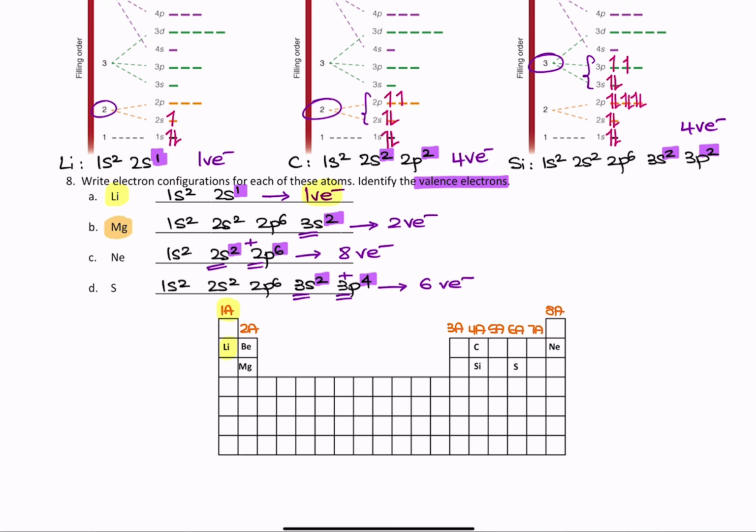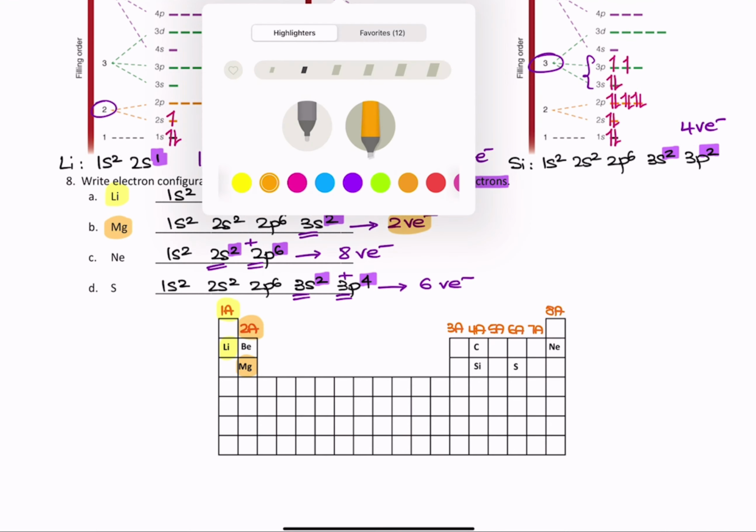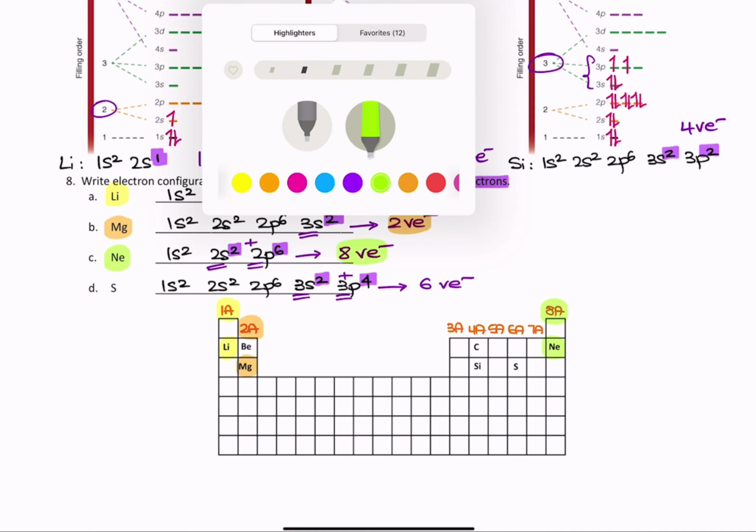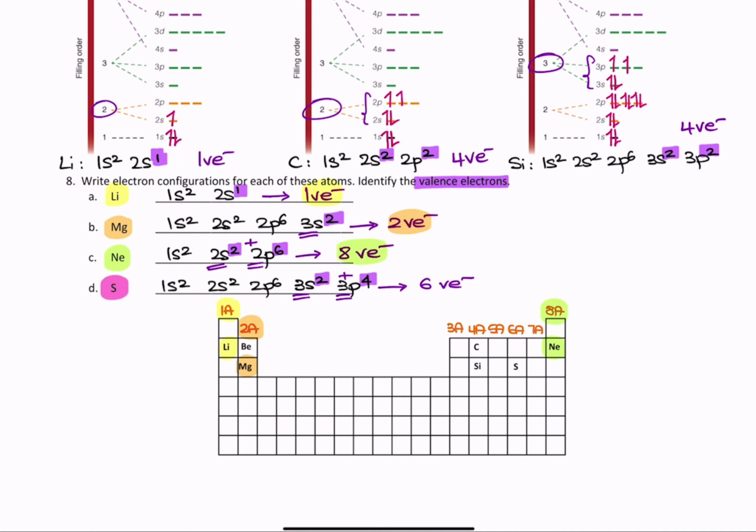Look at magnesium now. Magnesium is located in group 2A, 2 valence electrons. You start seeing a trend. Neon, here in group 8A, well, guess what? 8A, 8 valence electrons. And let's do the last one, sulfur. S is located in group 6A, 6 valence electrons.